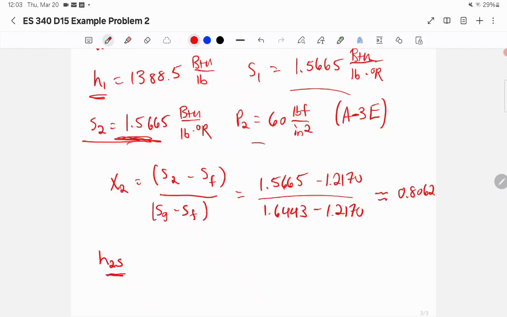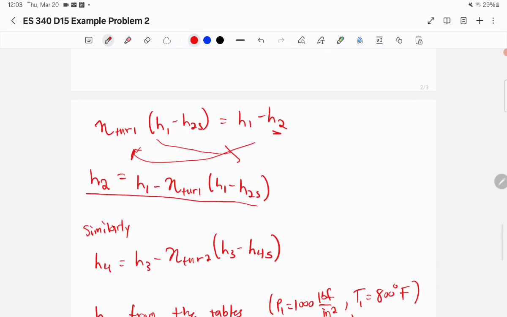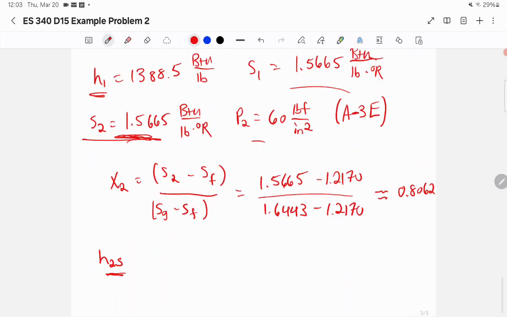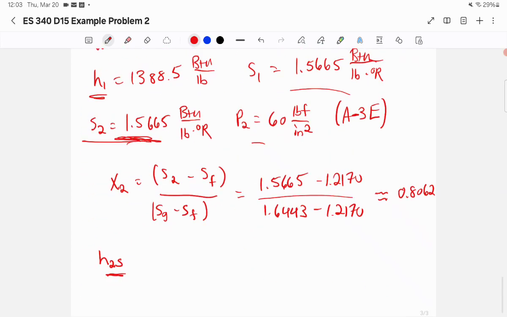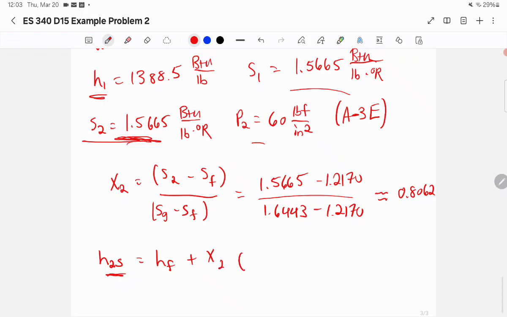So my H2S state, remember, this is assuming isentropic here. That's why that's my H2S state. It's not my H2 state. My H2 state I will be able to find using this equation, right, from our turbine efficiency. But my H2S state, because we assumed it was isentropic, is going to be equal to HF plus X2 that we had over here times HG minus HF, right?